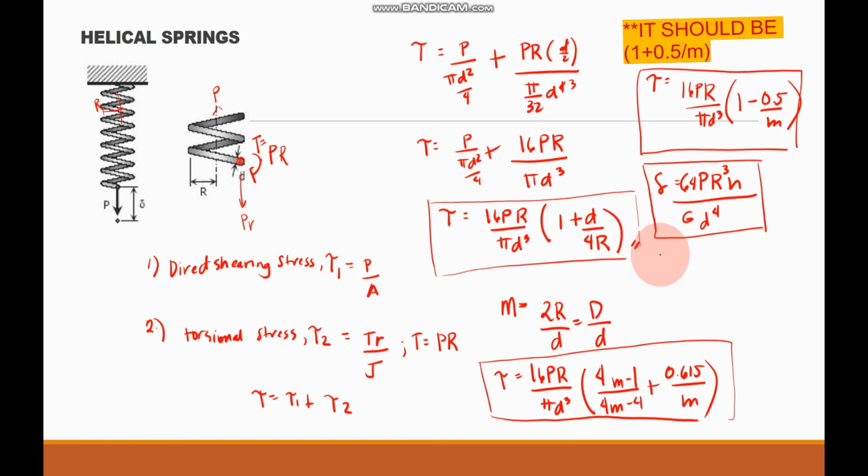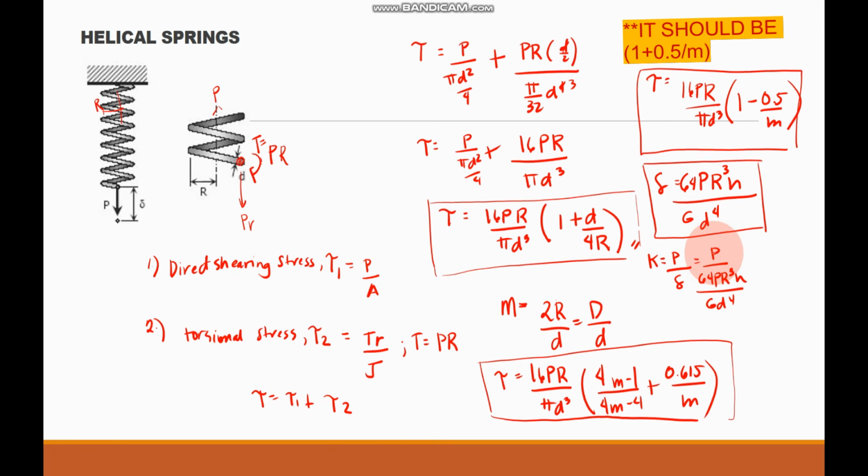And also we have a constant, or what we call a spring constant k, that is equal to the ratio of the load and the elongation. So we have here P and then yung ating load 64 P r raised to 3 multiplied by n all over G d raised to 4.